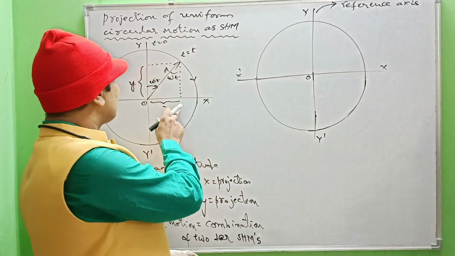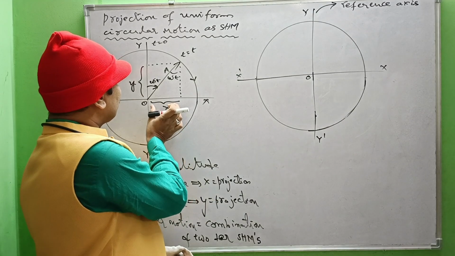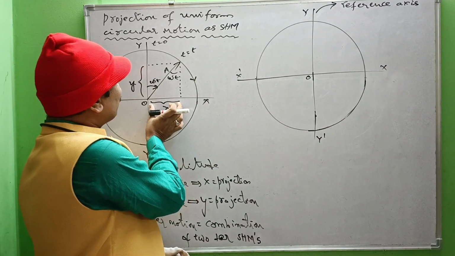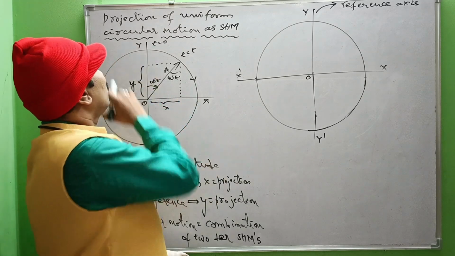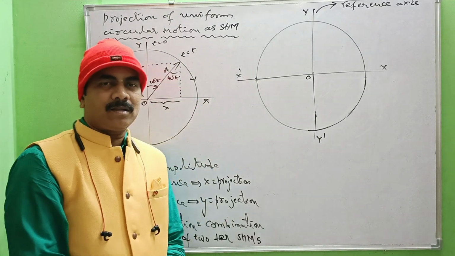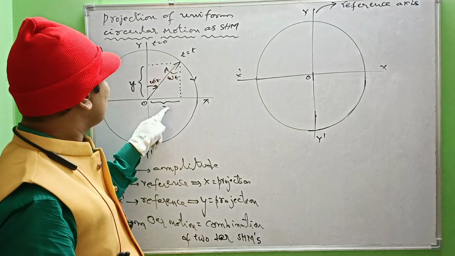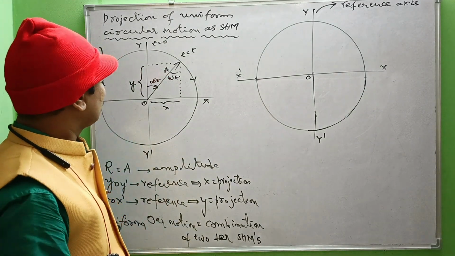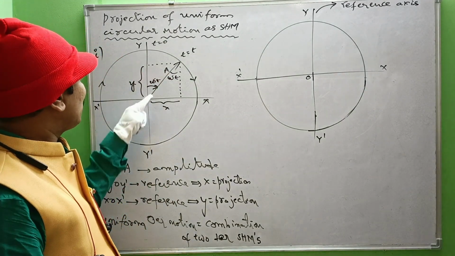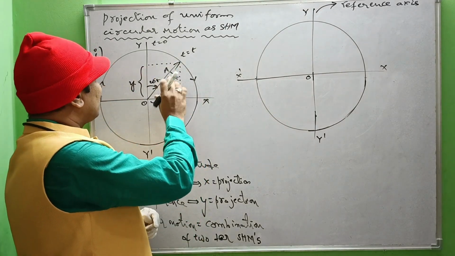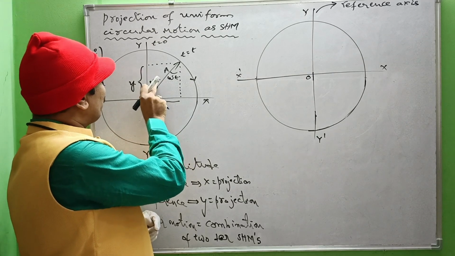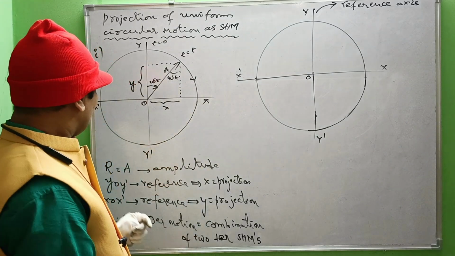These are nothing but projections, meaning the length of the foot. This is also the length of the foot for this position of the particle. So those are the x projection and y projection, right? In a time interval from 0 to t, this is the position, and it sweeps an angle omega t here, right?